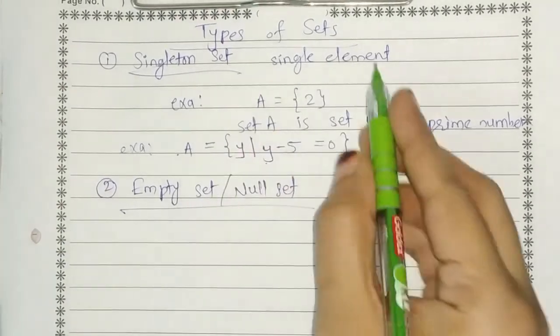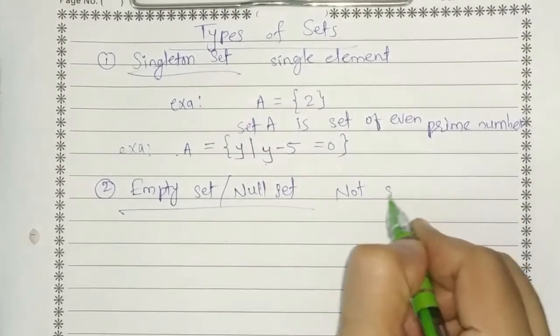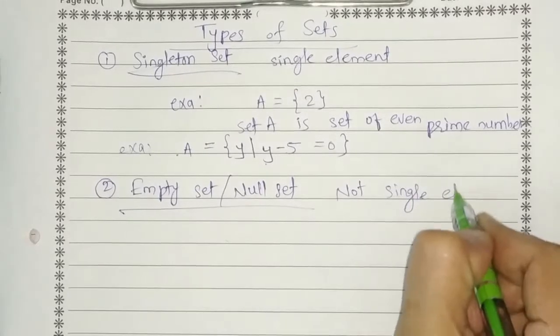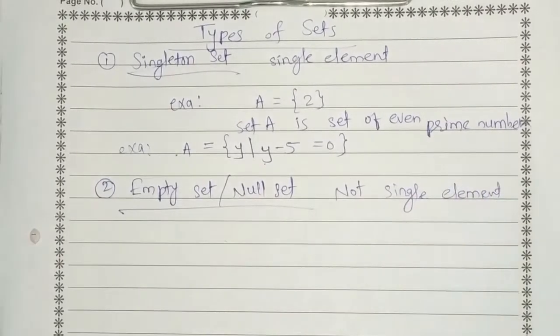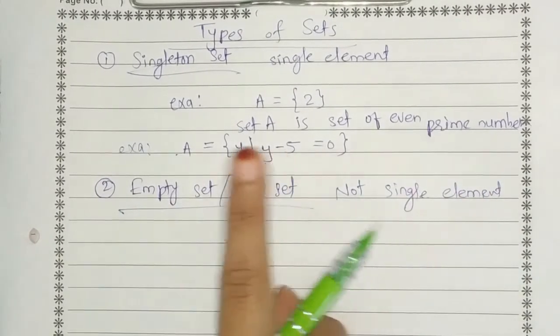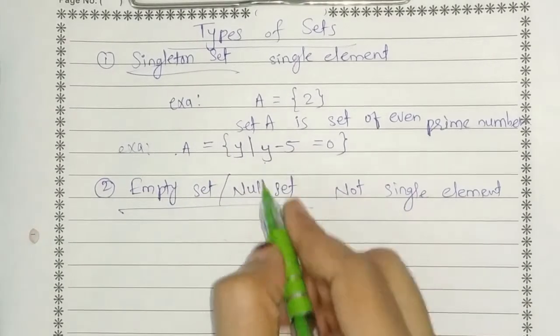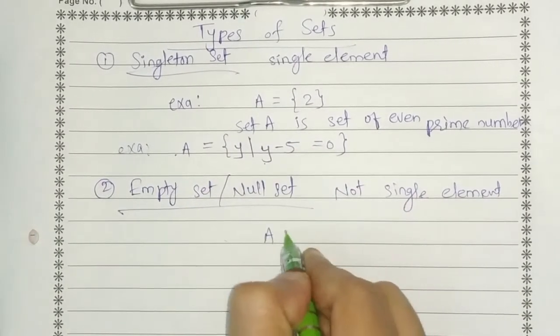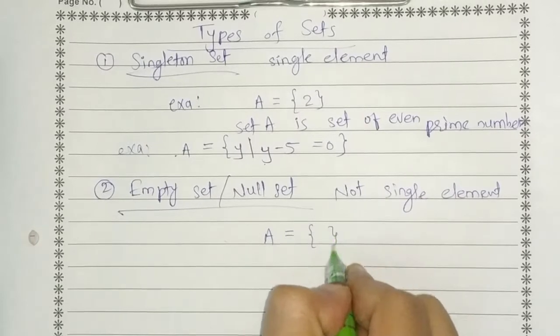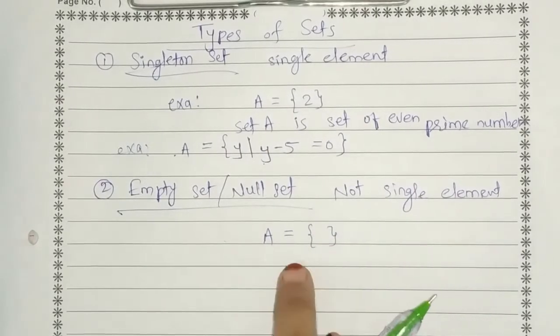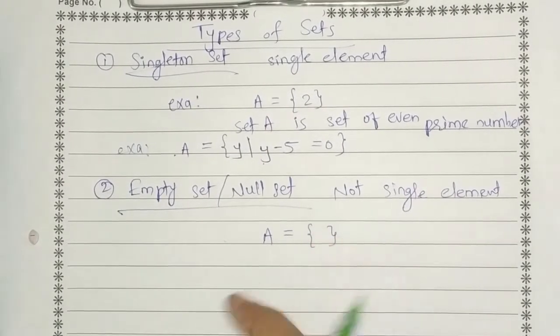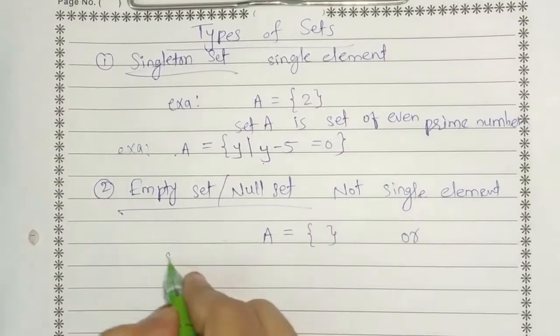Means there is no single element in the set. An empty set you will write like this: suppose A is an empty set here. You will just keep the curly brackets blank, or you will use the symbol phi.